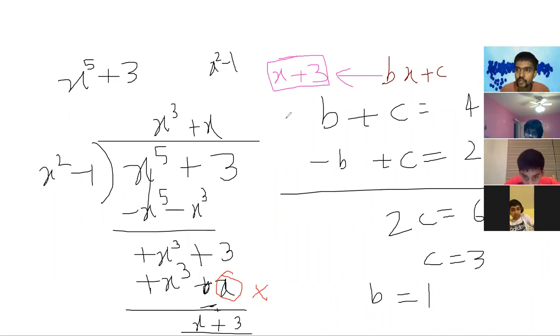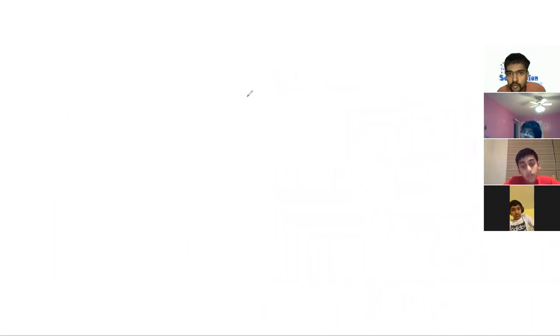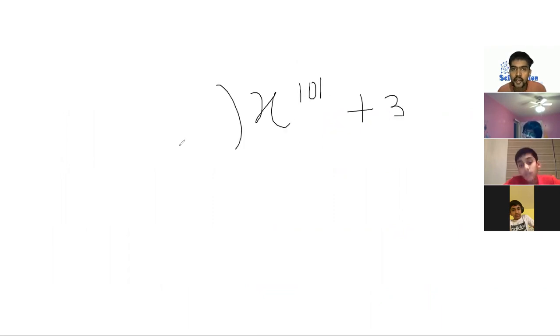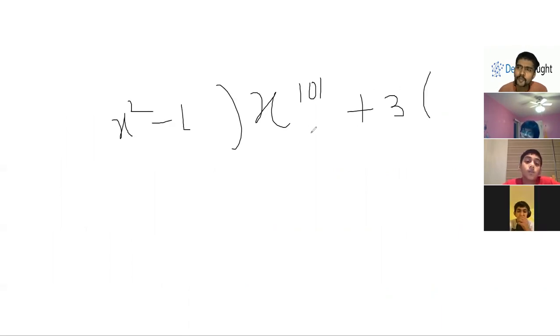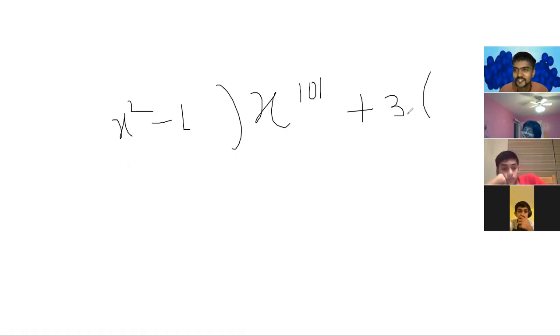Now, let us say I give you x power 101 plus 3 and I ask you to divide it by x square minus 1. What would happen if you kept on dividing? It would eventually get to a boring point.